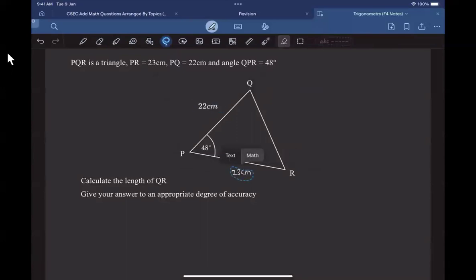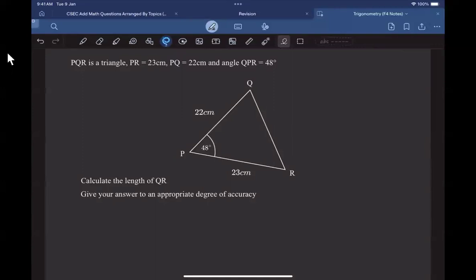PR is equal to 23 cm, PQ is equal to 22 cm, and angle QPR is equal to 48 degrees. Calculate the length of QR. Give your answer to an appropriate degree of accuracy.